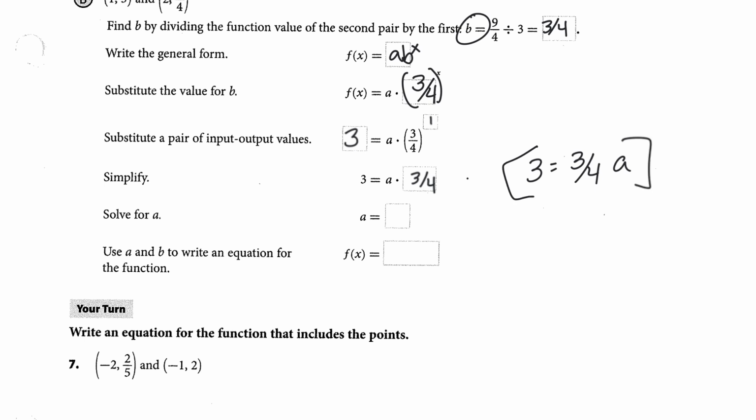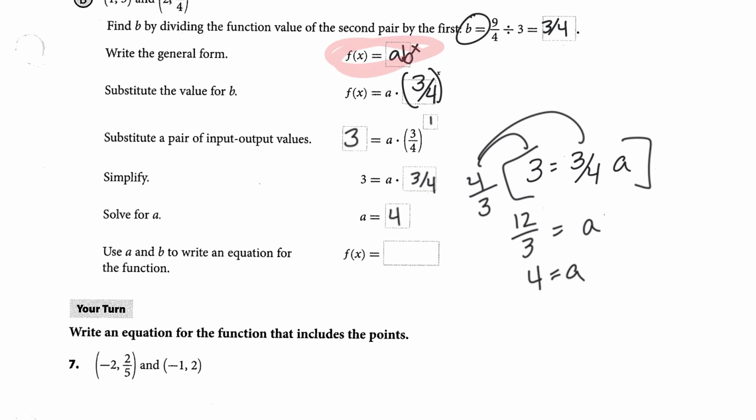But instead of just multiplying by 4, I'm going to multiply by 4/3 to eliminate that whole thing. 4 times 3 is 12. 4/3 times 3/4 is 1. And 12 over 3 is 4. So A is 4. And now we're going to go back to that original general form, and we're going to replace A with 4, B with 3/4, and then we have that exponent x.